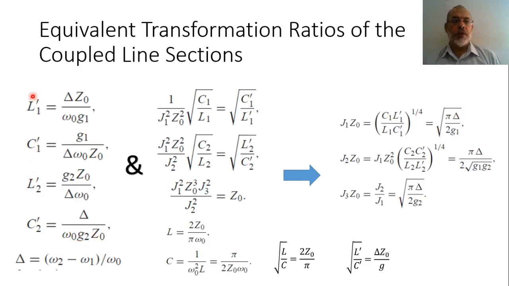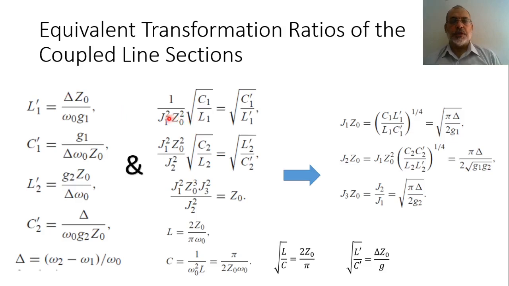These are actually the values of the bandpass filter prototype in terms of the values of the low pass filter prototype, scaled to the input impedance, the center frequency, and the operating bandwidth.